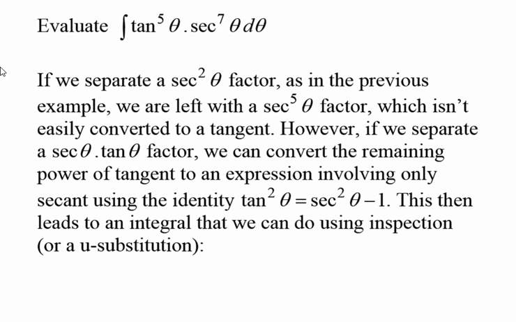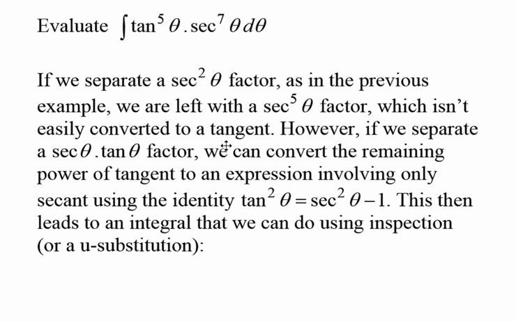Now, let's just explore this a bit. If we separate a sec squared theta factor, like we did in the previous example, we're left with sec to the power of 5 theta, which is not easily converted to a tangent because it's odd.